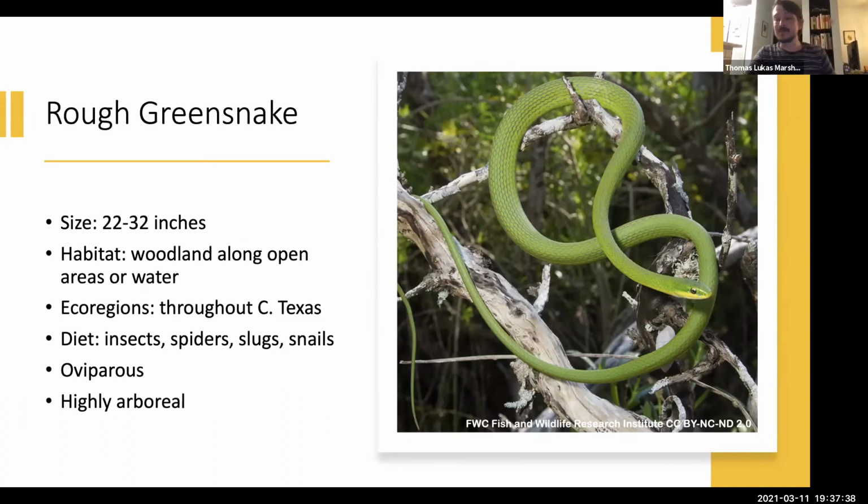And these snakes blend into their surroundings really well because of their lime green color and the fact that they spend so much of their time in understory trees like yaupon and possum haw. But these are really nice snakes to come across because they have this really vivid lime green color.